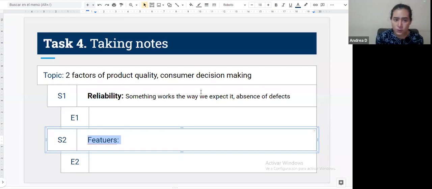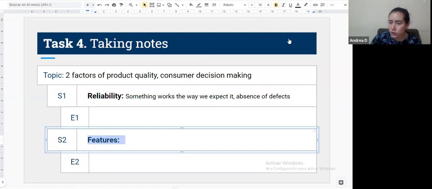The most common topics in tasks 3 and 4, as somebody said, are psychology, business, and biology, right? Those are the 3 most common topics. You can find something else, that's true, but most commonly you will find one of the 3. So familiarize yourself with vocabulary related to those topics.